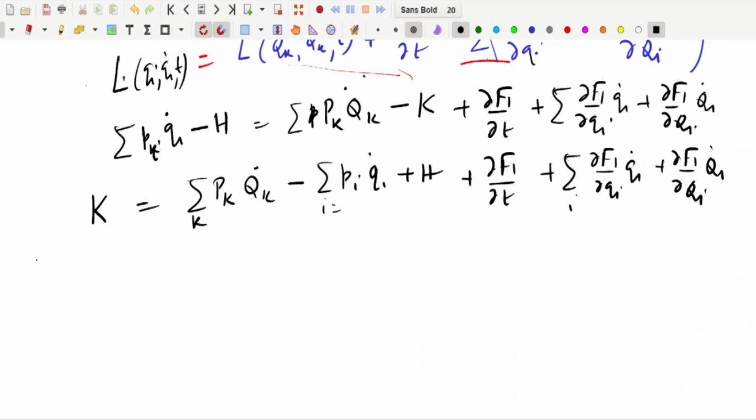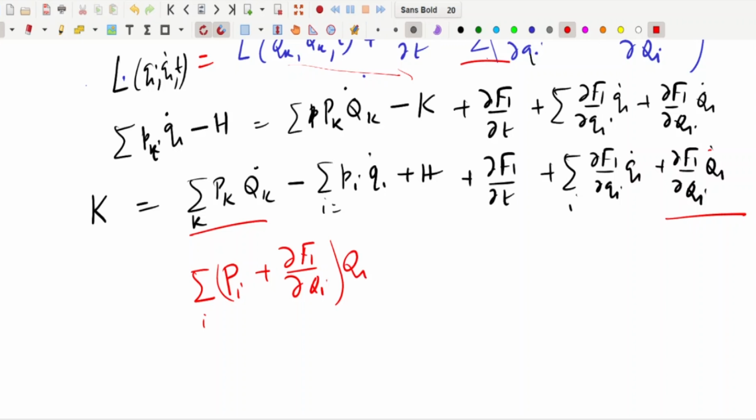Okay, so now let us combine these two terms. The terms with capital Q dot, this is dot, this is also dot. So let us combine these two terms, and also this summation is a dummy variable. So the sum over i of P_i plus del f1 del Q_i times Q_i dot.